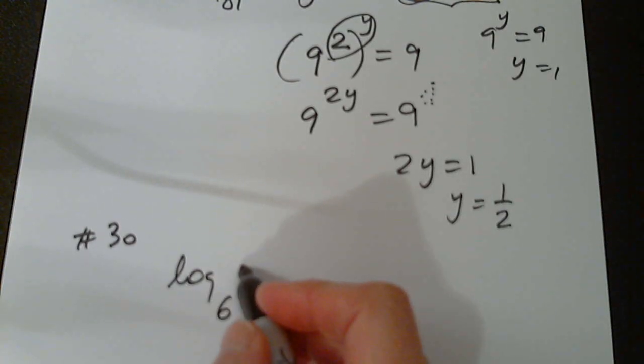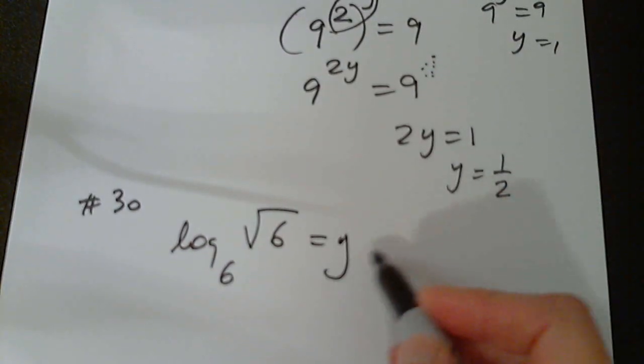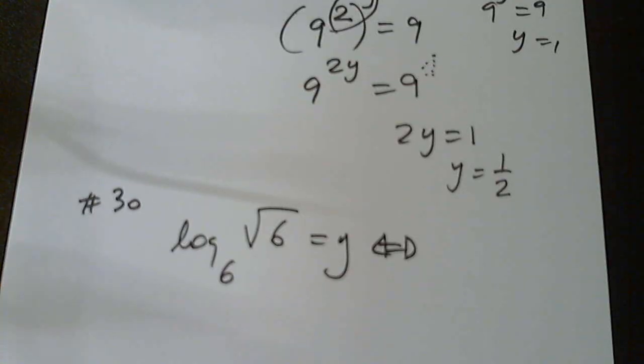Log base 6 of the square root of 6. Perfect. I have no idea what this is, but I can always convert it from a log equation into an exponential one. How do I do that for this?